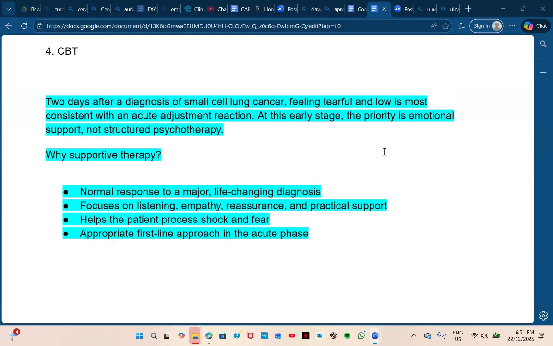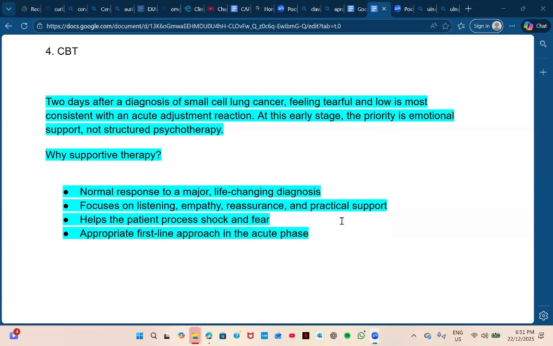At this early stage, the priority is emotional support, right? Not structured psychotherapy. So why supportive therapy? It is a normal response to a major life-changing diagnosis.